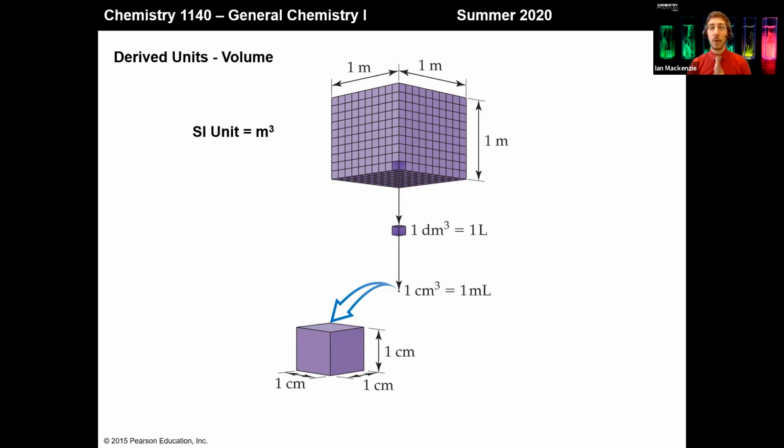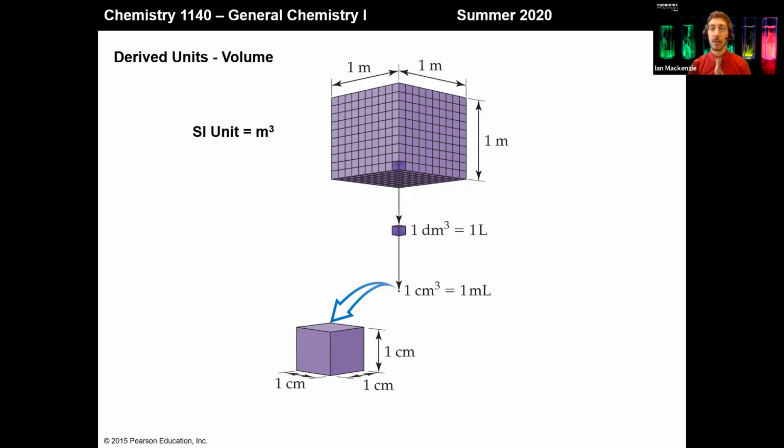Now, even 1 liter is often too large for a volume to be useful. We don't talk about dispensing medical dosage in cubic decimeters or in liters generally, unless it's saline solution. So 1/10 of a decimeter, which is 1/100th of a meter, is a centimeter.